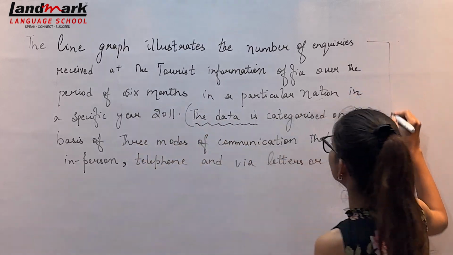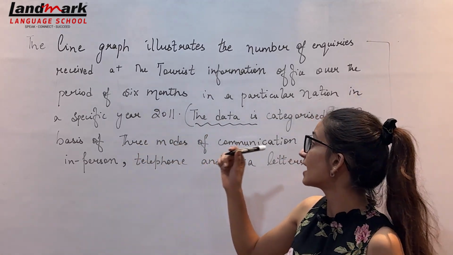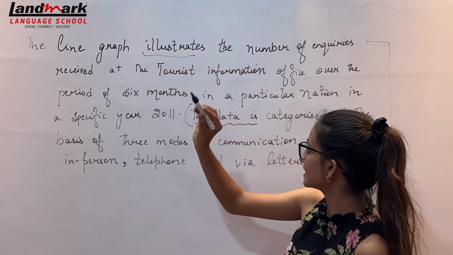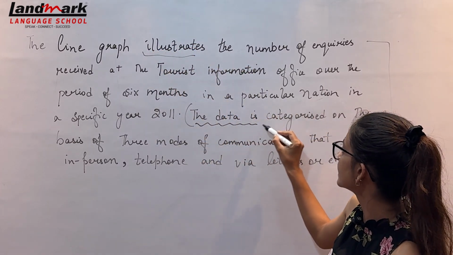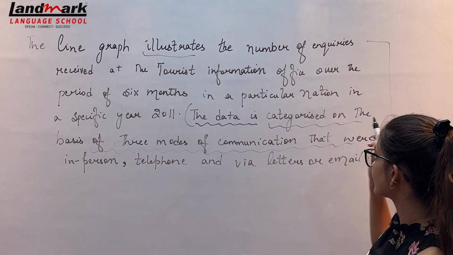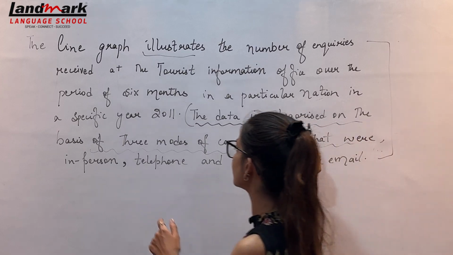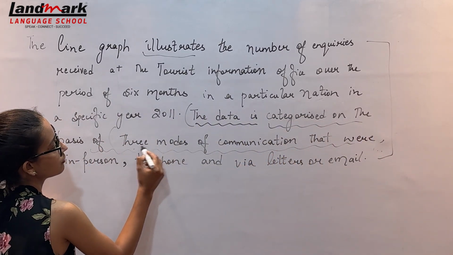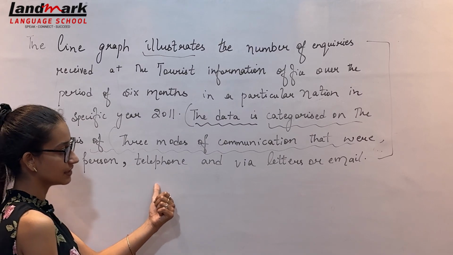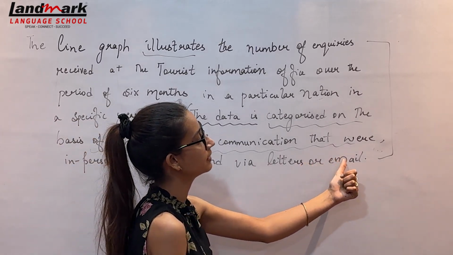So this is a full-fledged intro in which, instead of shows from the question, we have written illustrates, and then this line we have added is going to boost your score. That is, the data is categorized on the basis of 3 modes of communication. The 3 modes are in person, telephone, and via letters or email.